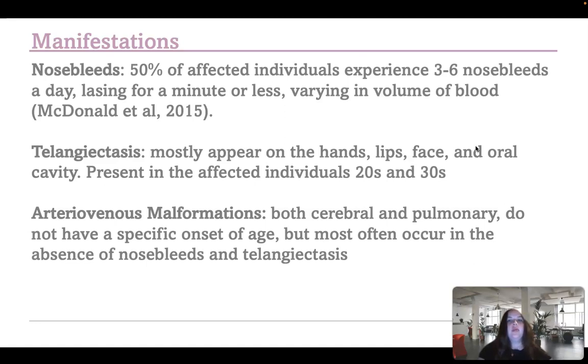These are present in affected individuals in their 20s and 30s. Now, AVMs will appear if neither nosebleeds nor telangiectasies are present, and this will affect both the cerebral and pulmonary circuits. There's not a specific onset of age, but this is a pretty telltale sign of HHT.